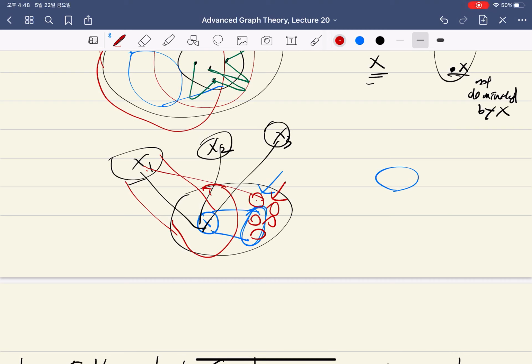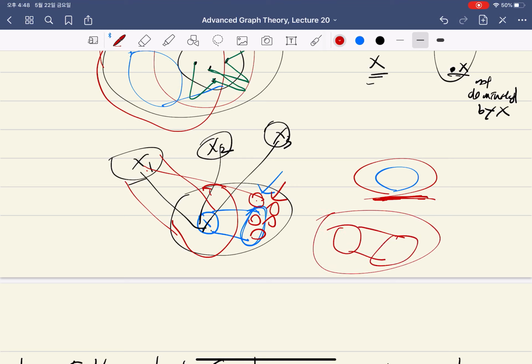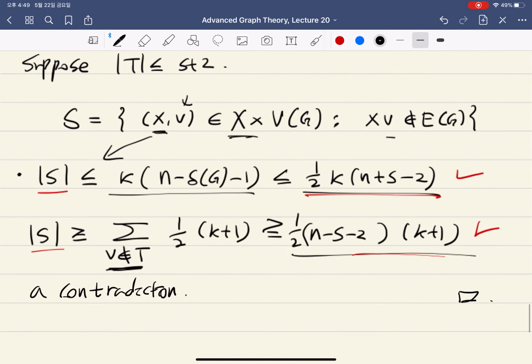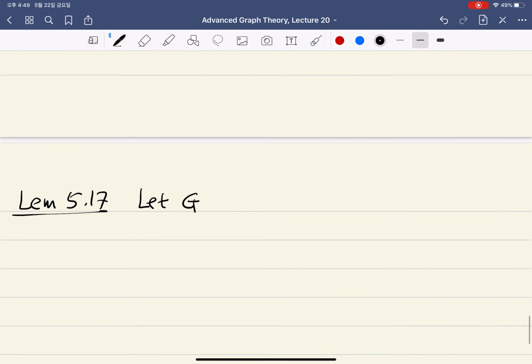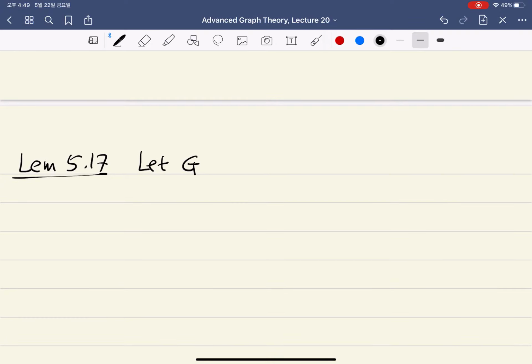And you can also count the bad sets which don't have edges to x2, which don't have edges to x3, and that number is smaller than this previous number of sets which dominate a lot. Then we can find the set which dominates lots of vertices and has edges to all previous ones. So for that purpose, we are interested in how many sets there are which dominate lots of vertices.